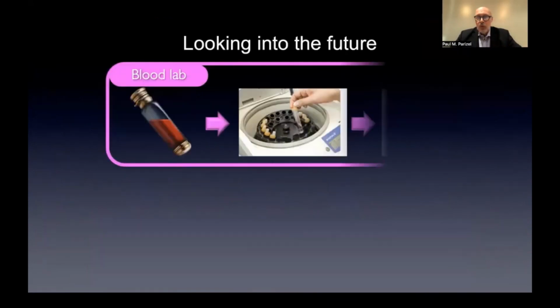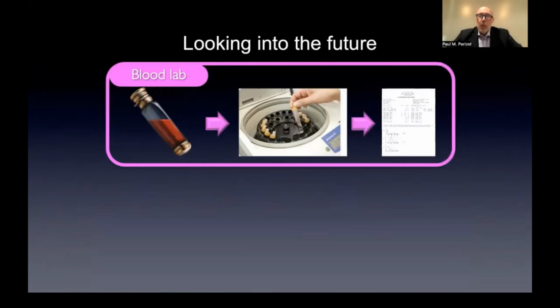So looking into the future, we come from a time when blood tests were done manually and were subject to subjective interpretation. But since many years, when you draw peripheral blood and put it in a centrifuge, the requesting physician gets a report with numbers. Numbers indicating the number of red and white cells and thrombocytes and the liver enzymes and the glucose and what have you.